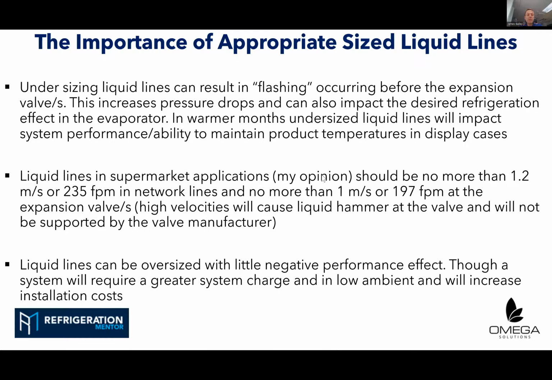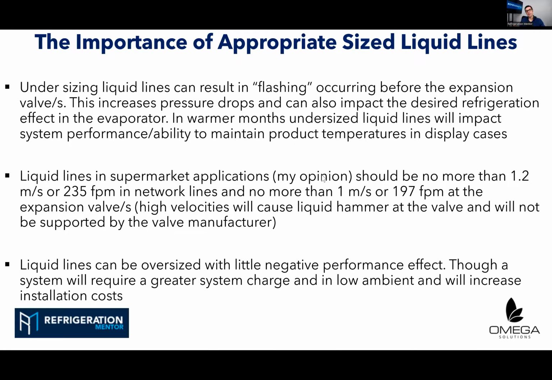And this is up to the engineer who designed it, I'm assuming, and just does it by experience. Absolutely, Trevor. But as I said, it used to be a bit of a problem, but Ian ironed out those problems. So effectively in supermarkets now, at the termination, at the point of cabinet, you shouldn't have a line size which is going to be greater than 1 meter per second or 197 feet per minute, because I can pull out the book right now and it's a line sizing guide, and it says that.